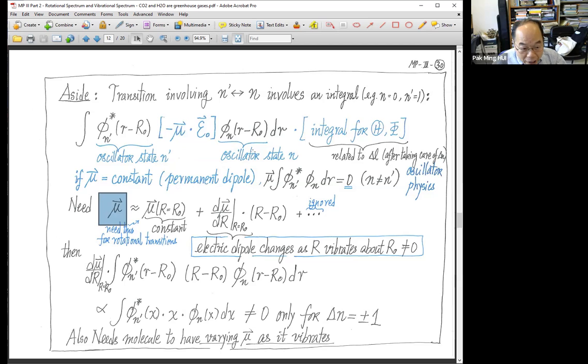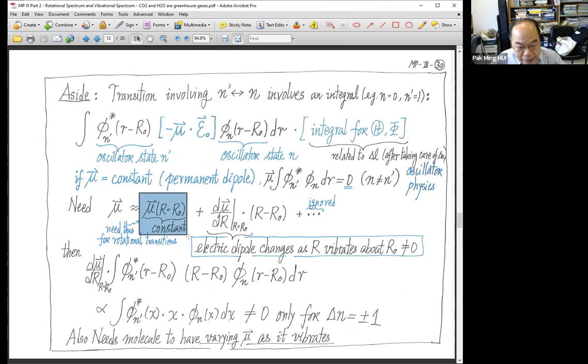as the molecule vibrates around R0, we could expand it into a constant, that is the permanent part, if that is the rotational thing, okay? Separation times the slight difference in charge.